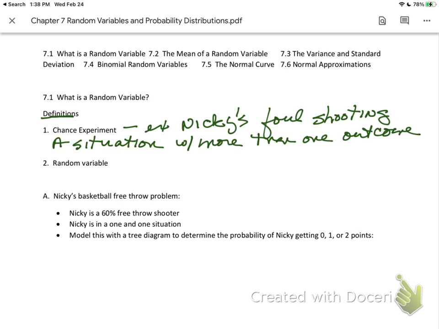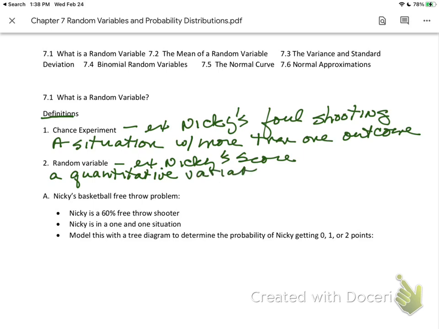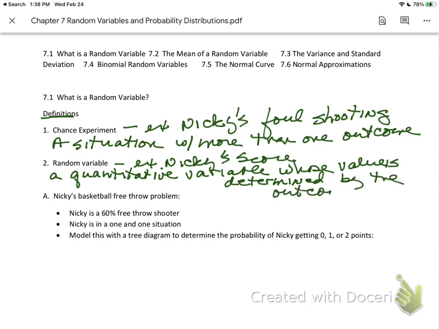So a random variable, an example would be Nikki's score. And the definition is that it's a quantitative, so it's a number, quantitative variable whose value is determined by the outcome of the experiment.